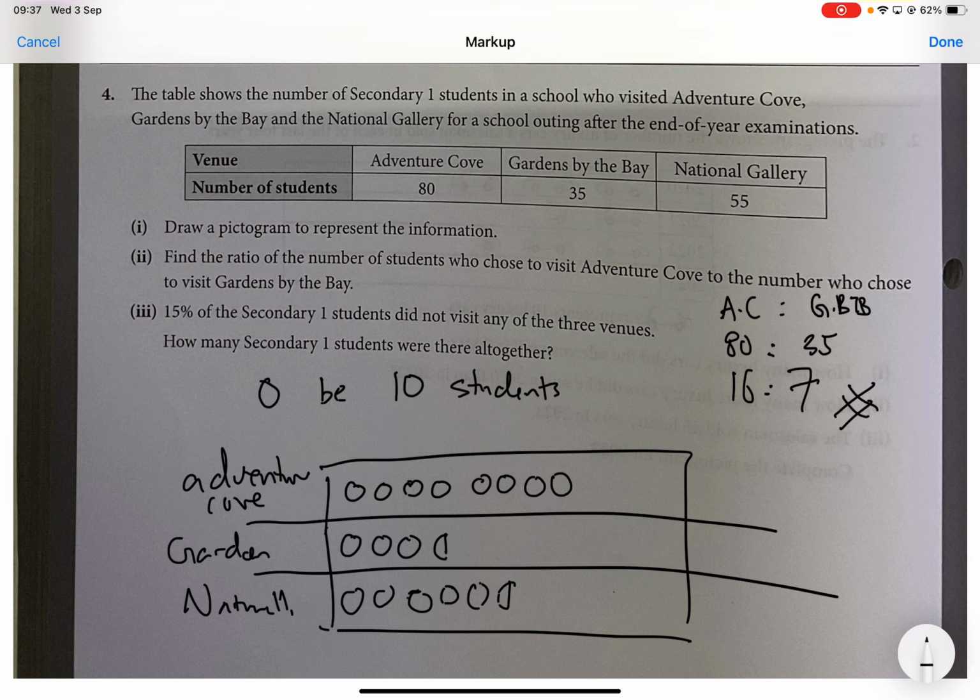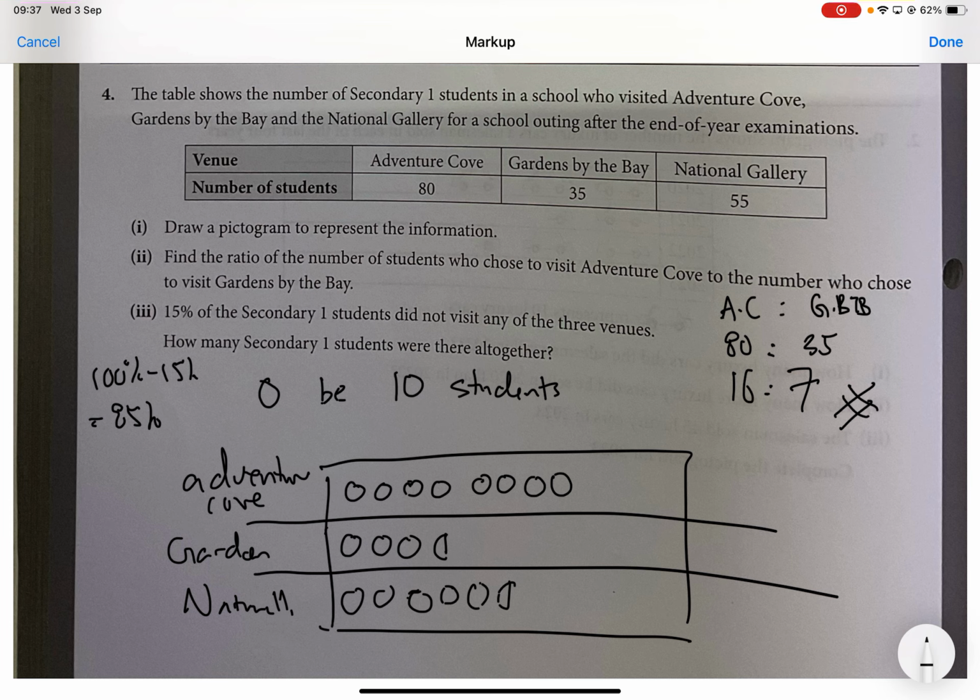Okay, part 3. This one is the number of secondary 1 students who went to this place. Then 15% did not visit any. Meaning, altogether is 100%. 15% never come. This means when we add all of them together, it makes up the other part of the 100%. Means, if I take 100% minus 15% equals 85%, these students that went to these 3 places must make up the 85%.